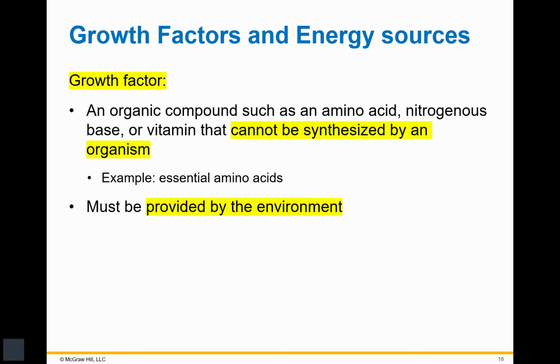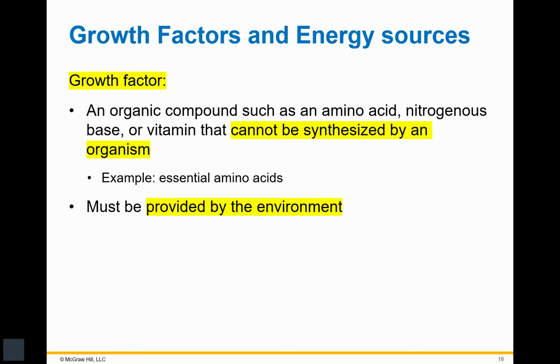Now, let's also look at some other factors and sources that are not part of the CHNOPS or the 6 essential macronutrients, but they are equally important for the microbial cell. The first we'll look at is growth factors. So these are organic compounds that cannot be synthesized by the cell.